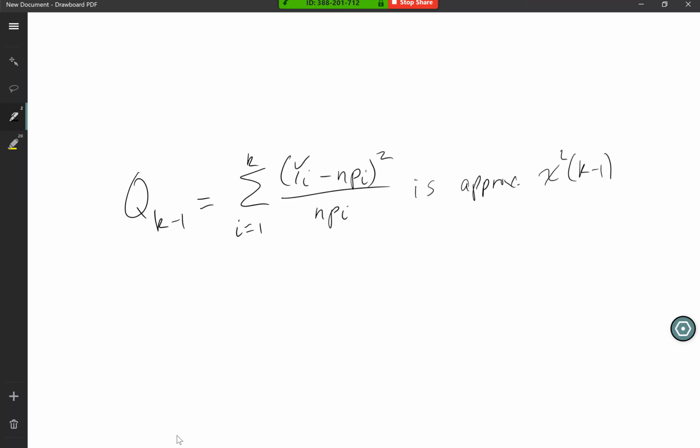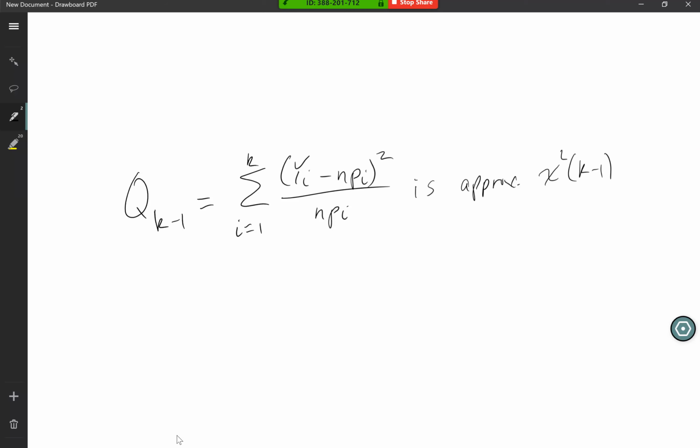Again, like I mentioned in the video, intuitively, the reason why we only have k minus 1 degrees of freedom, even though there are k terms in the sum, is because when you partition your population into these categories, if you've put everything into k minus 1 categories, the kth category is completely determined. It's not really independent of the other ones.